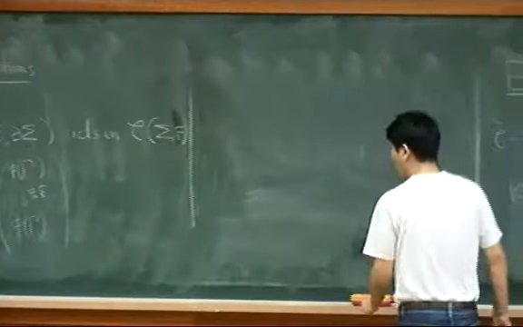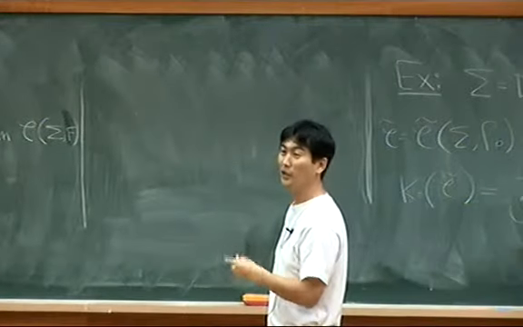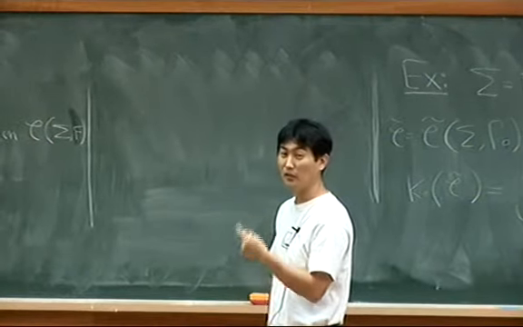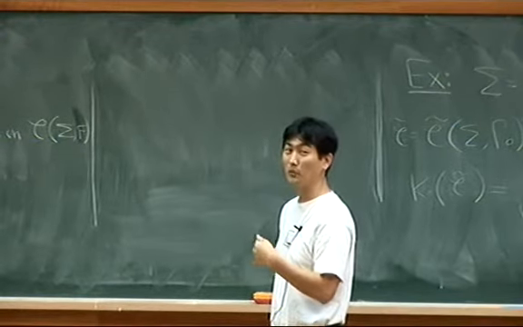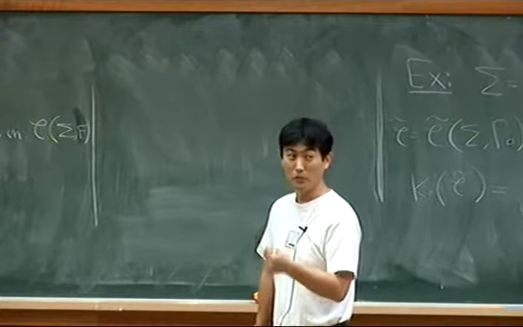If you have an action on a category, typically you expect this action to descend to a linear representation on the Grothendieck group.